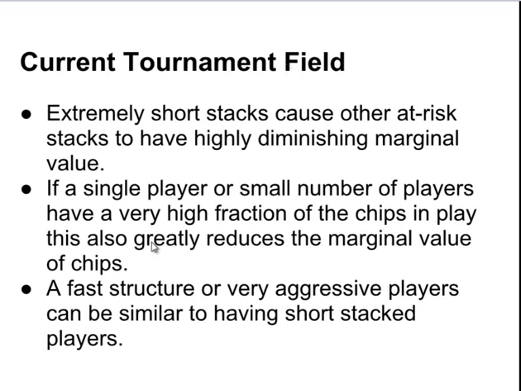I didn't really make too many notes about this, but another important generalization you can make is that when the opposite of these situations occur, you should make the opposite adjustment. When you have a slow structure and not too aggressive players, people are picking their spots a little more carefully, and especially when the stacks are all very even, this is your opportunity to go ahead and try to win some chips for yourself, because this is a situation where the chips don't have extremely diminishing marginal utility, and here you can really look for plus EV spots.